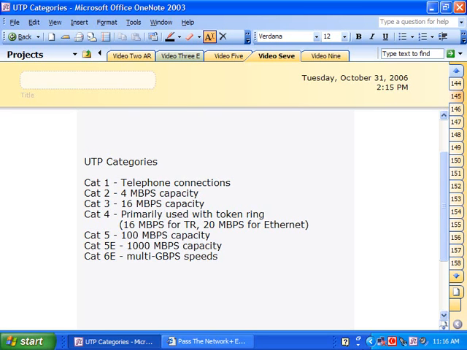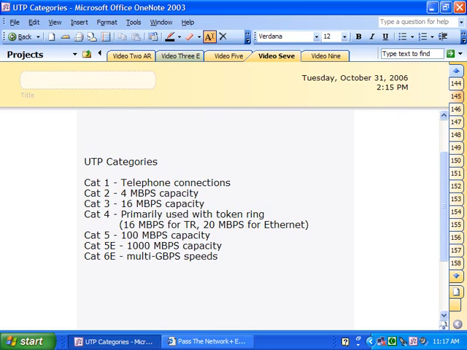Now, there's one little gotcha here. You notice I show a Cat 5 and then a Cat 5e. That E stands for enhanced. If you take a 1,000 meg per second device, a gigabit Ethernet device, and you take a regular Cat 5 cable and plug it into a gig Ethernet port, you're not going to get gig Ethernet speed.